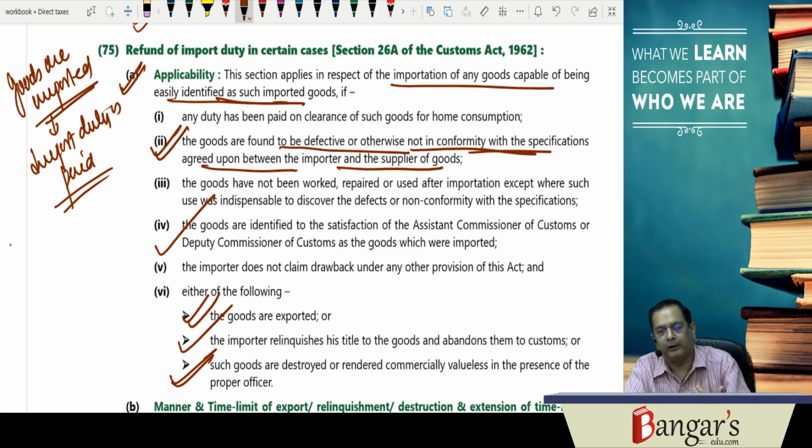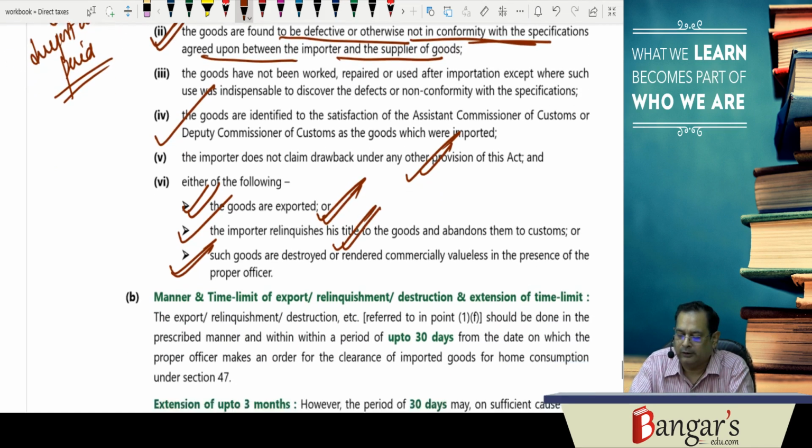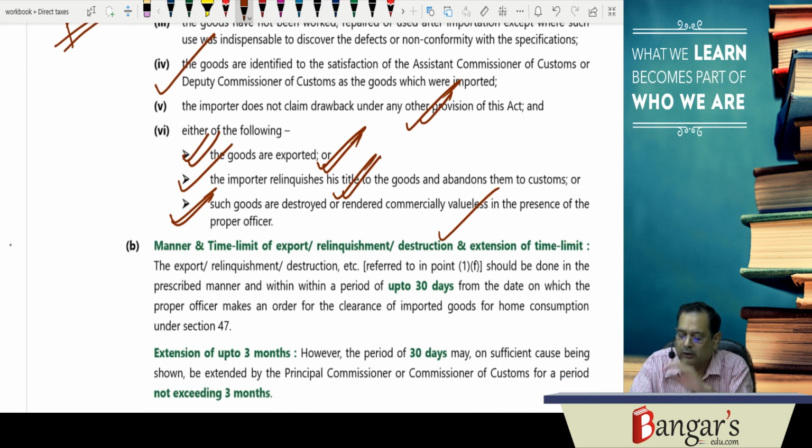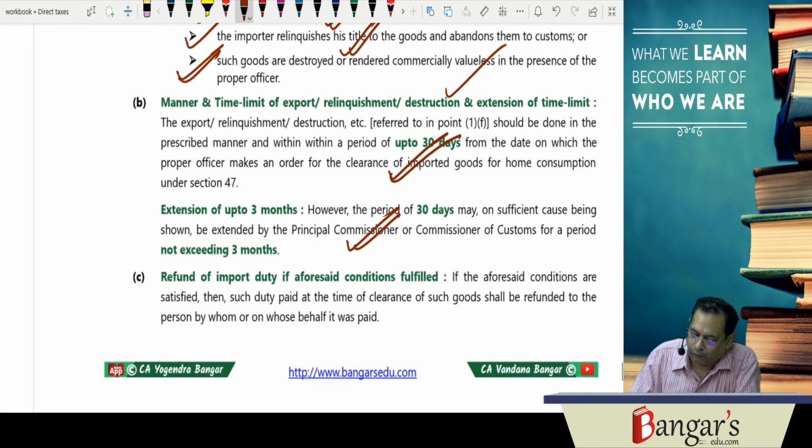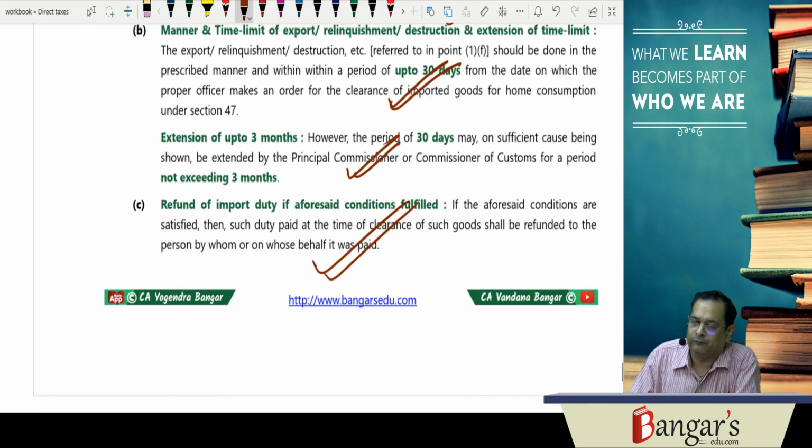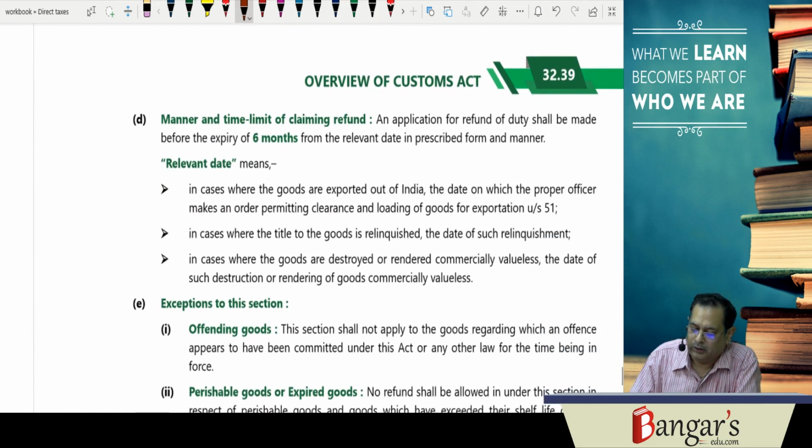The goods have been exported, the importer does not claim drawback, and goods are re-exported, the importer relinquishes his title, or goods are destroyed or rendered commercially valueless within a period of 30 days, extendable up to 3 months. If you fulfill these conditions, you will get the refund of the import duty, and the application is to be made within 6 months from the relevant date.